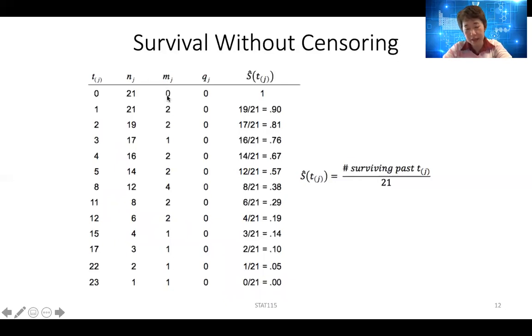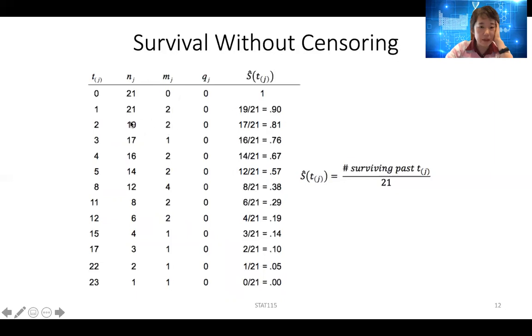This event could be a death event, right? So on day 0, you have 21 patients going into the trial. In the first time point, 2 patients died. And you can calculate, 19 divided by 21, this is 90%.